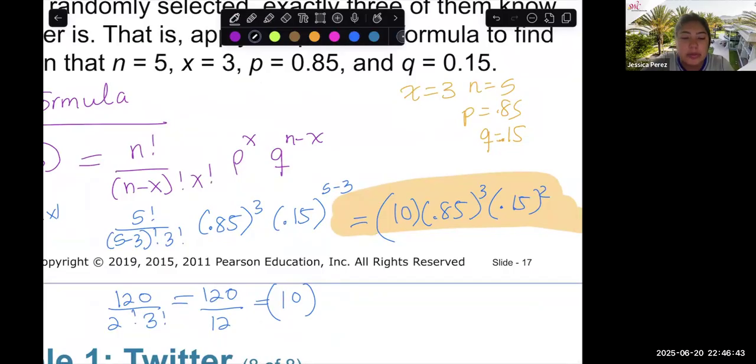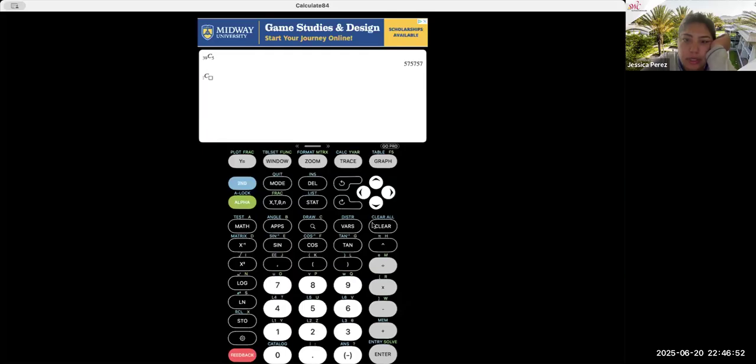Then on the calculator, I'm going to open up the TI-84. So here, let's clear everything. I'm going to do, okay, 10 times open parentheses 0.85 raised to the third, close parentheses, times 0.15 squared, because that's n minus x.